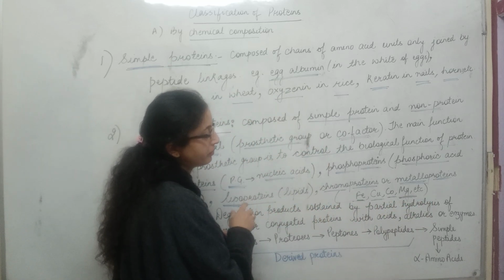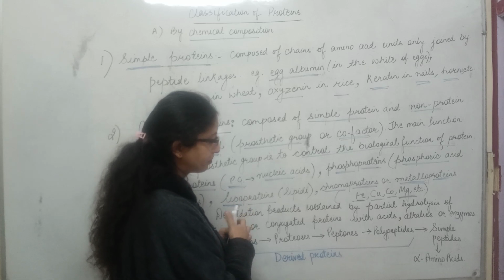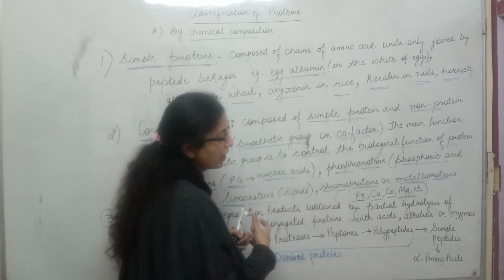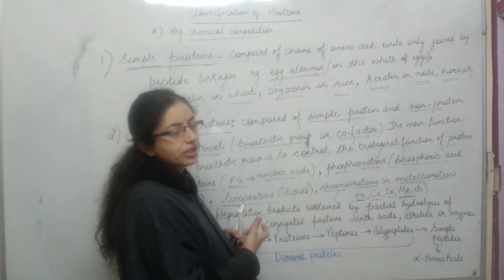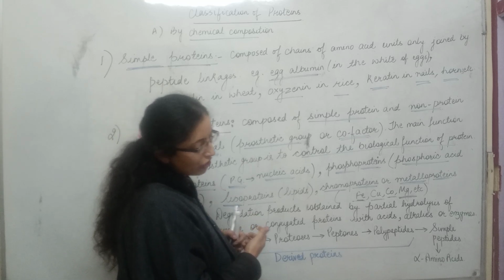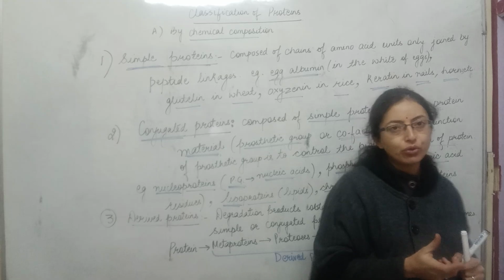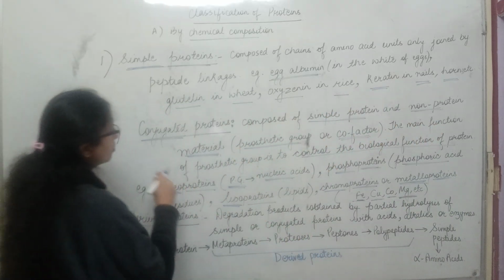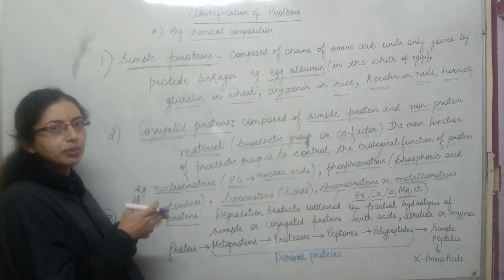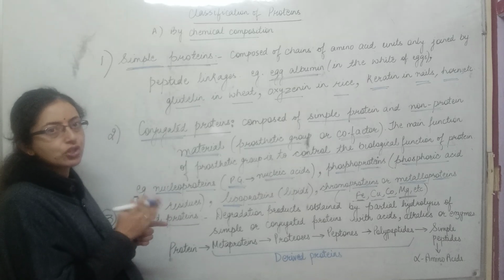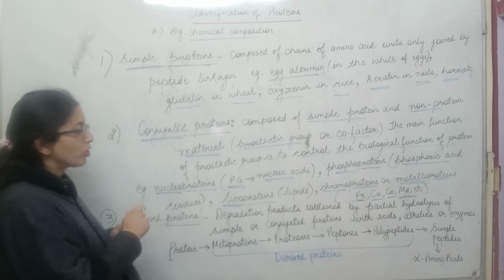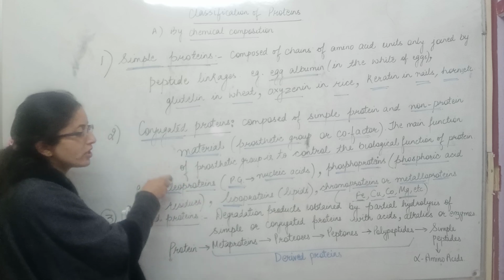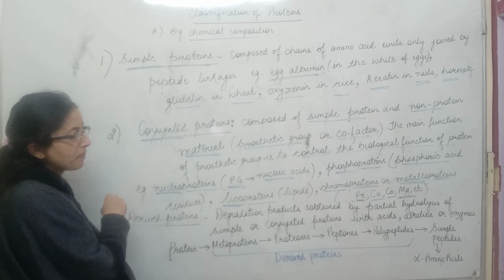Magnesium is present in chlorophyll. और chromoproteins में क्या होता है? Coloring matter होता है. ठीक है. जैसे generally some coloring matter pyrrole derivative is there. So conjugated proteins are simple protein plus the non-protein part, which is called as prosthetic group, and this prosthetic group kind of controls the function of the protein.